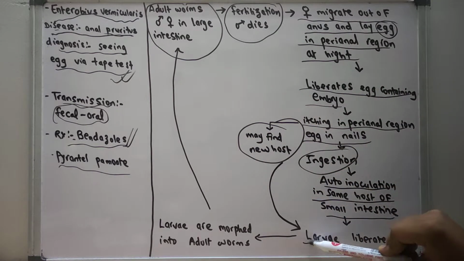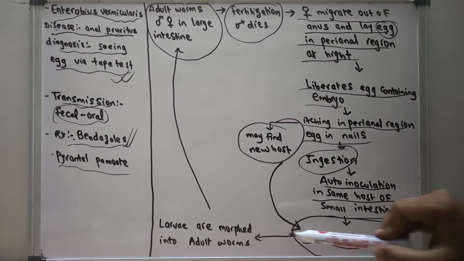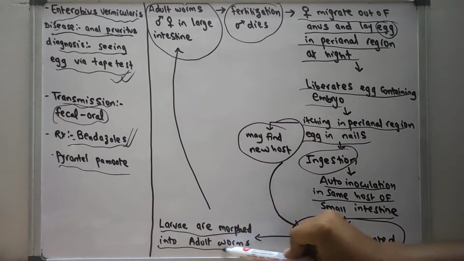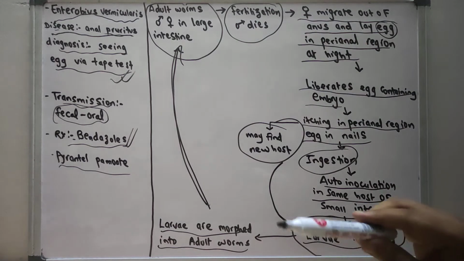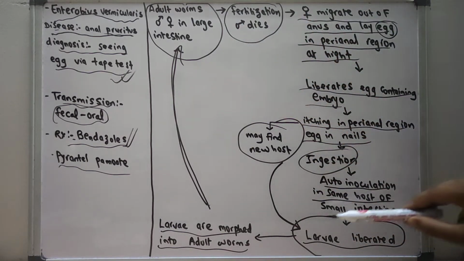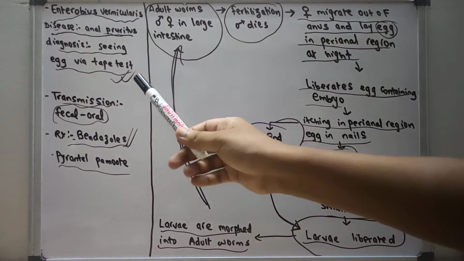From the egg, the larvae are liberated, and the larvae morph into adult worms, and the adult worms again go into the large intestine, and the life cycle of Enterobius vermicularis continues. So mainly the transmission occurs through the fecal-oral route.